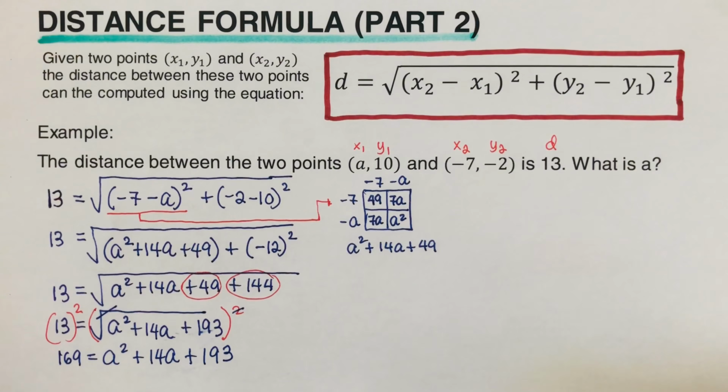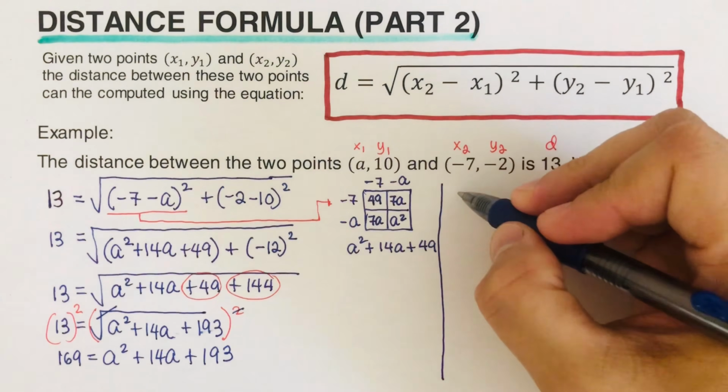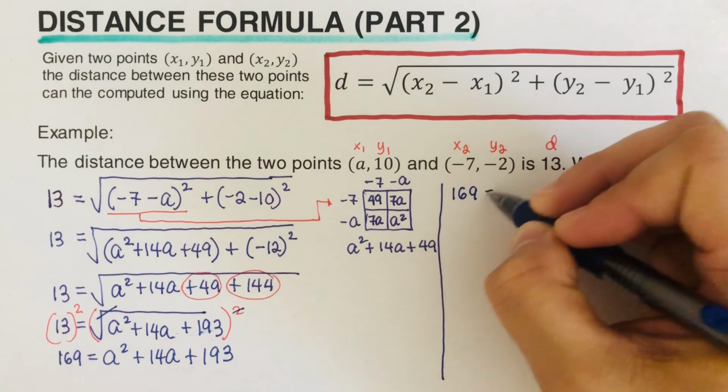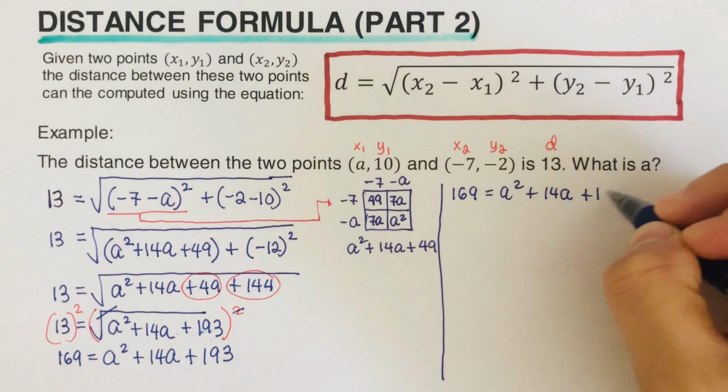So then from here, we want to use the zero product property. That means we are going to subtract 169 from both sides. I'm just going to rewrite that: 169 is equal to a squared plus 14a plus 193.